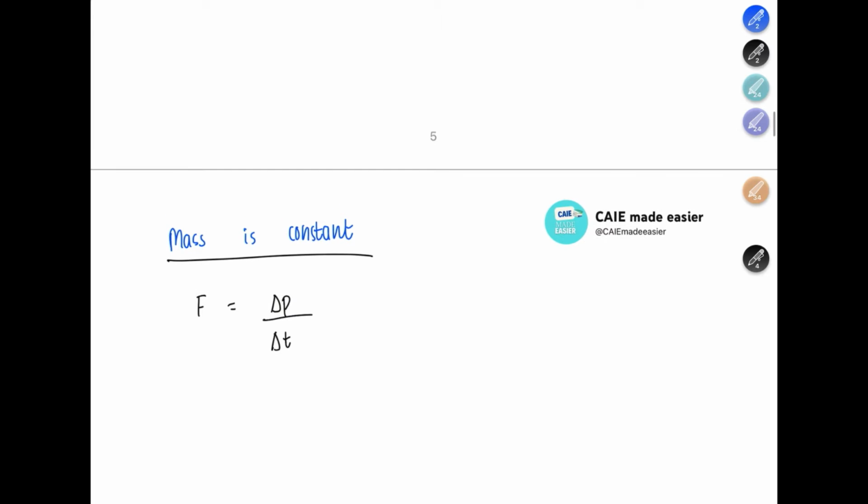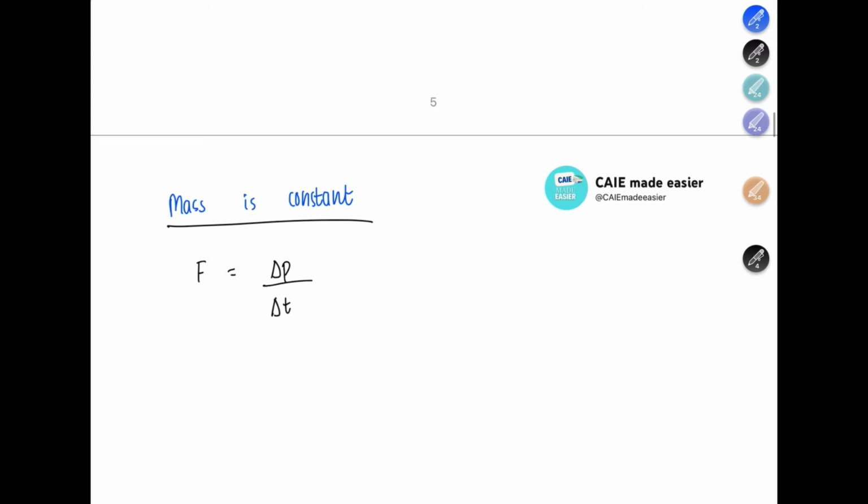Now, what if the mass is constant? This is how it is for most cases: if a resultant force is applied on an object and the mass does not change, what happens? Let's keep the same equation. Force equals change in momentum over change in time. Remember the formula for change in momentum: mv, final momentum, minus mu, initial momentum, divided by change in time.